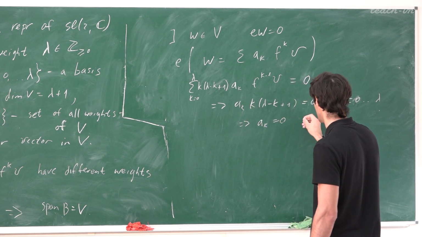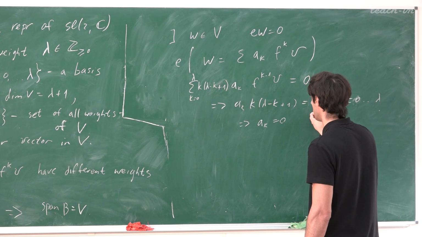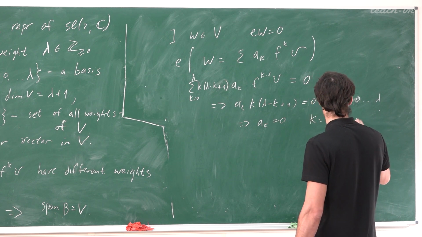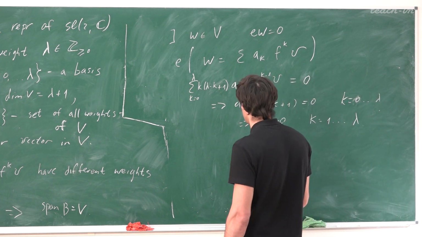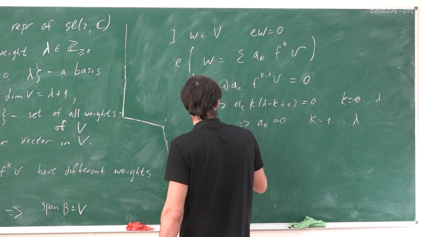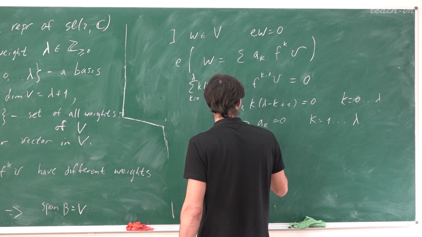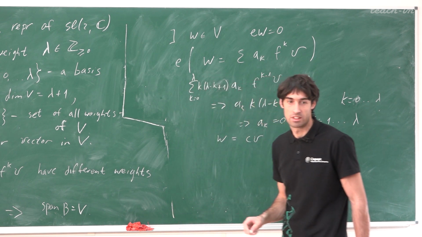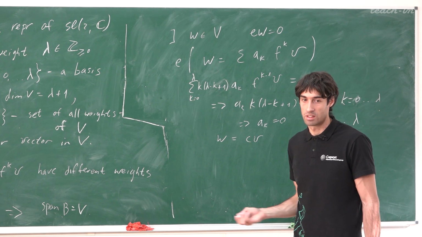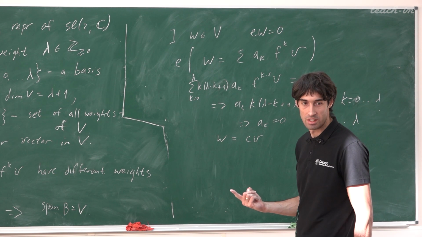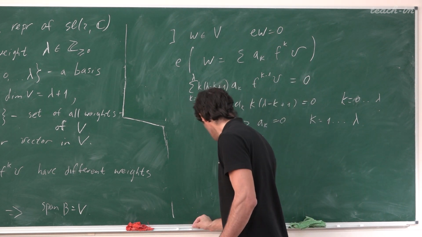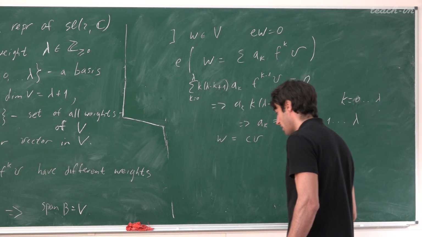So a_k is 0 if k is from 1 to lambda. Which basically means that w is a constant multiple of v. So v, up to proportionality, is the only singular vector there.